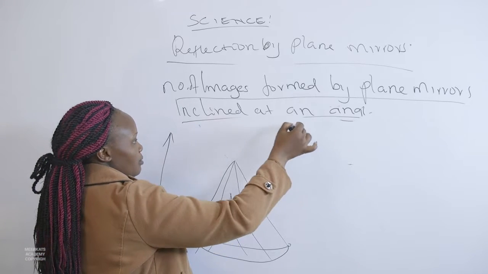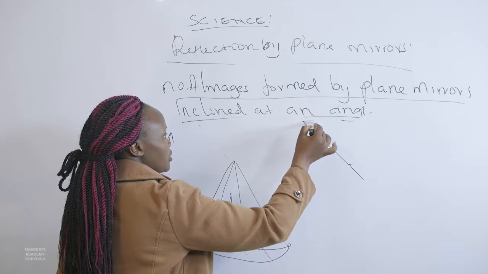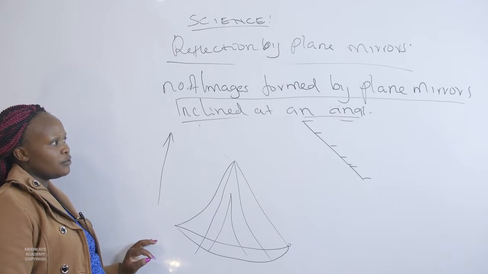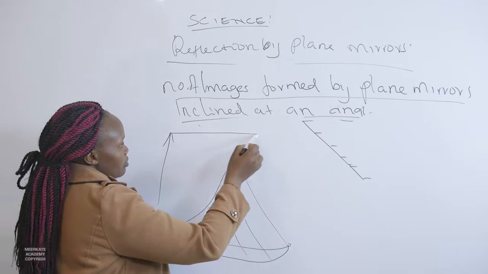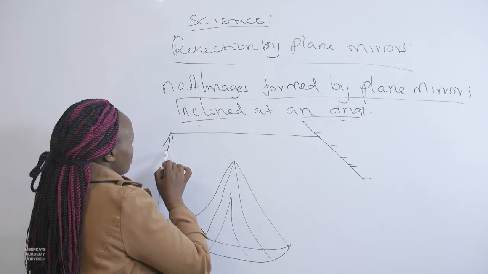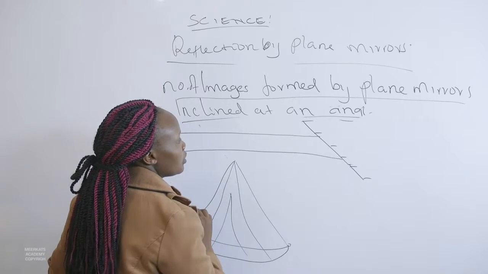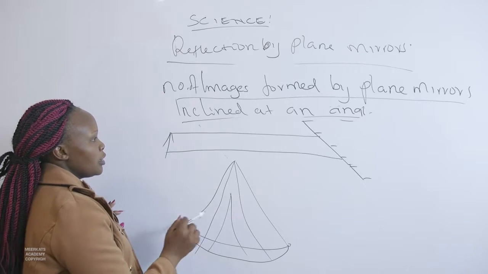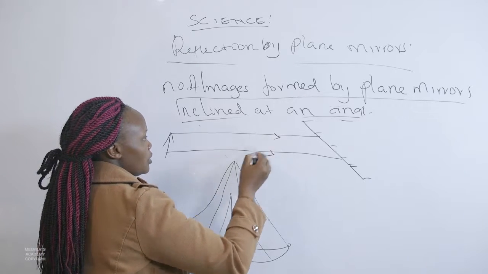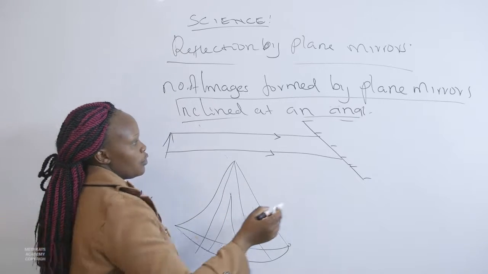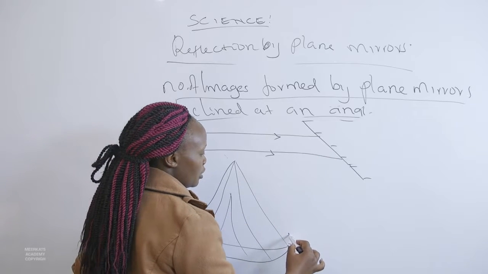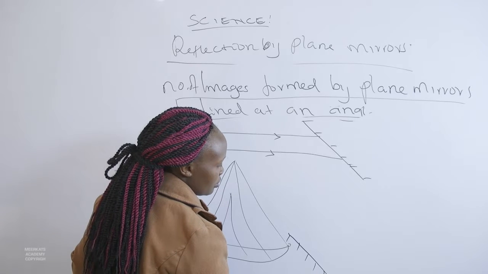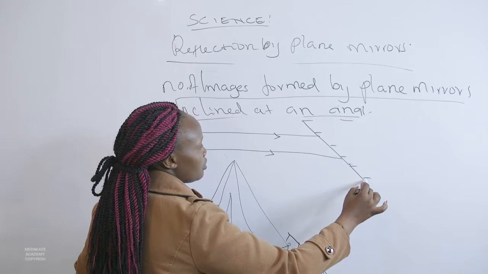So we will have a mirror at an angle of 45. We will have some rays travel to it like that. Then we will have them incident at that point. Of course, they are going to be reflected. We have another mirror we call mirror 2. This is mirror 1.